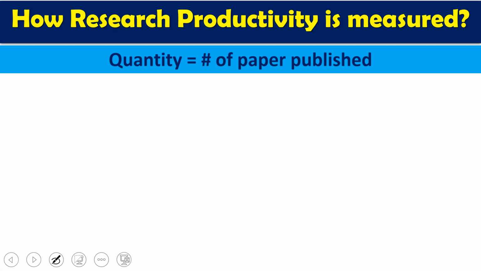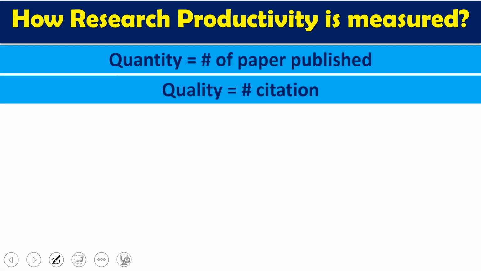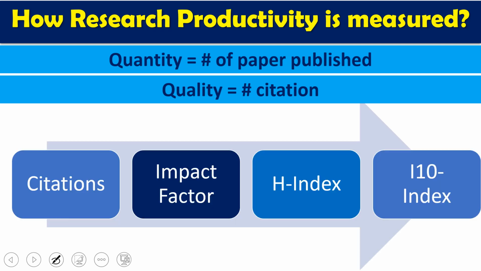When we measure scientific productivity in terms of quantity, we talk about the number of papers published. And when we talk about the quality of the productivity, we talk about the number of citations. This citation varies depending on a number of parameters and other components.